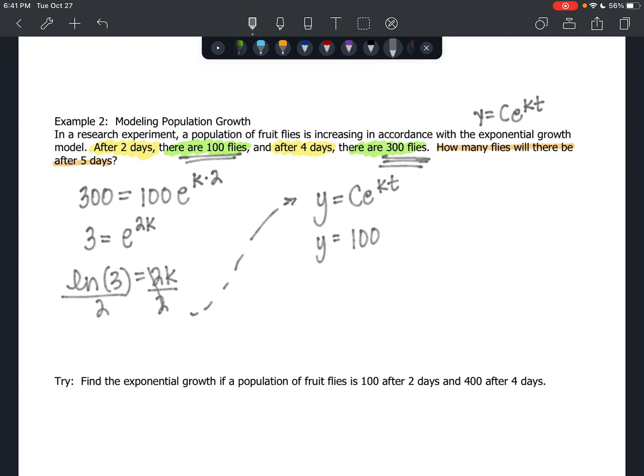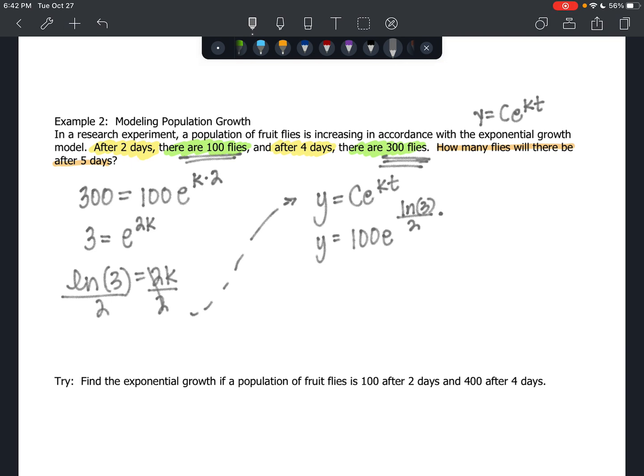putting 100 as still the initial amount, because that's not ever going to change for this problem. That's the initial amount that we know of, times e raised to the k, which is natural log of 3 over 2, times t, which would be how many days? After 5 days.